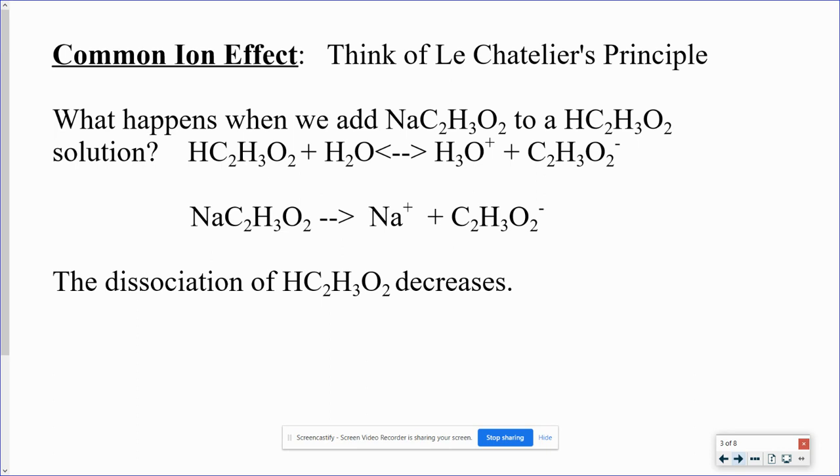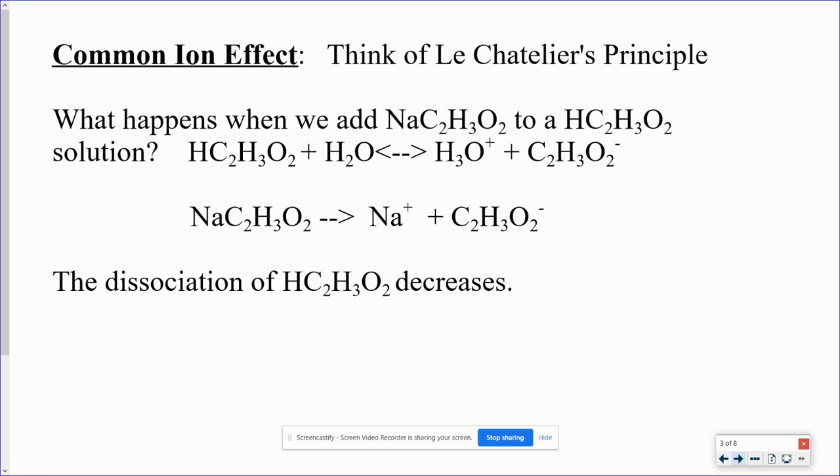We can think of the common ion effect with Le Chatelier's principle. We talked about when you add a reactant, it pushes the reaction temporarily to make more products to get back to equilibrium. If you remove a product, it will pull it towards the products, or if you add a product, it will push it towards the reactants.